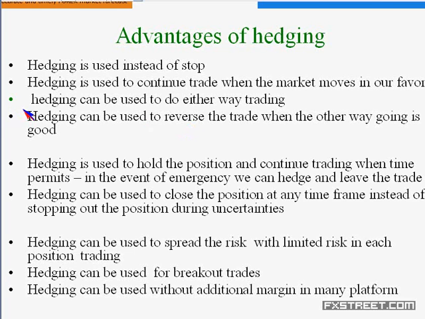And if you are smart enough, then you can use the hedging for either way trading. The market necessarily has to make up and down moves. It cannot continuously drop endlessly or continuously rise. So it has to make volatile moves in that particular process. When they drop, you can book profit in the hedging like a sell and buy trade.